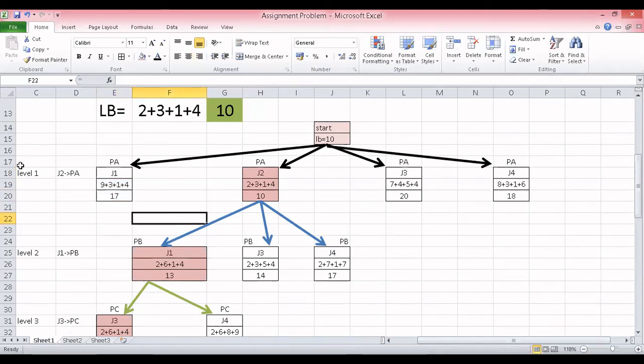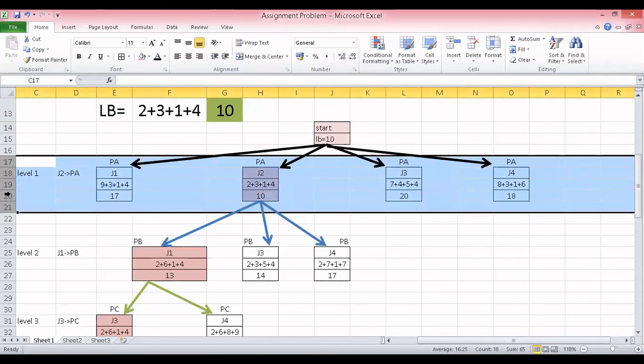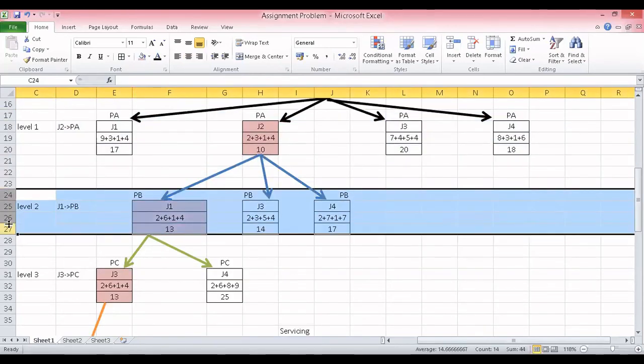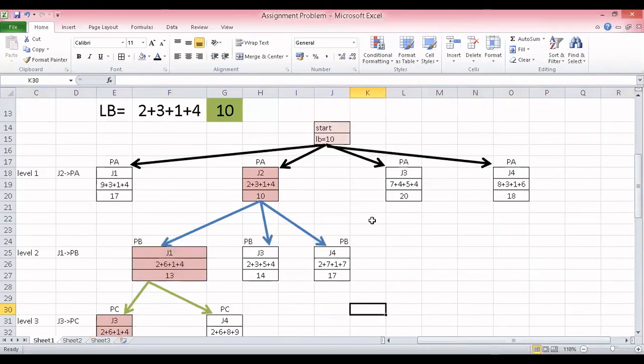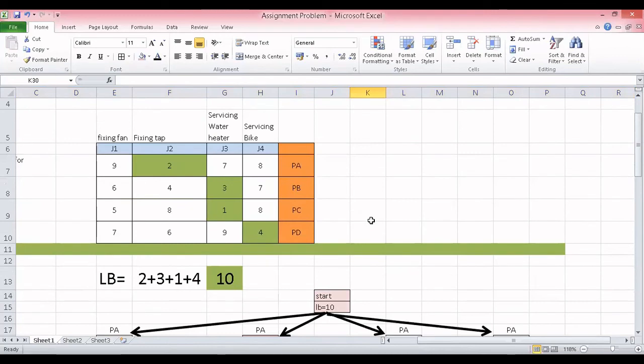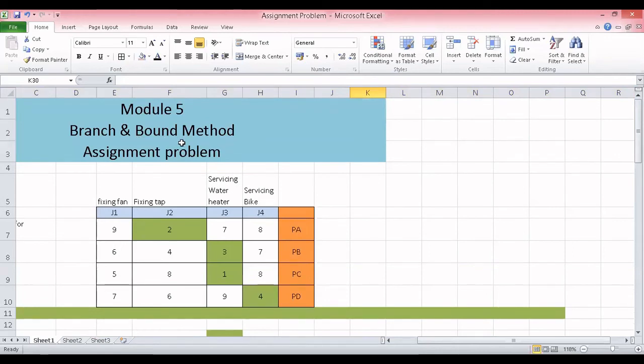But here, when we were in level 1, we found all the answers in level 1. When we were in level 2, all the answers in level 2. So this is a kind of breadth first search. If they ask you the difference between backtracking and branch and bound, you can say that they are used to find all possible solutions.